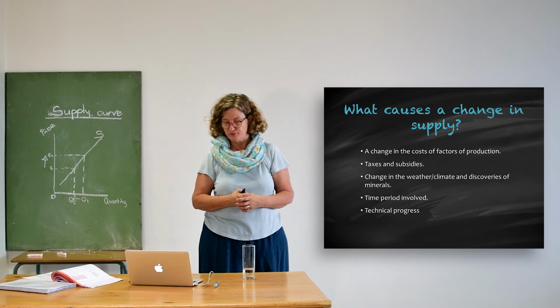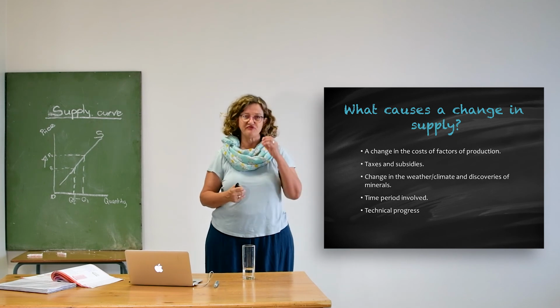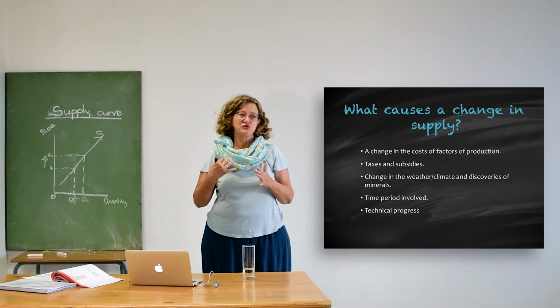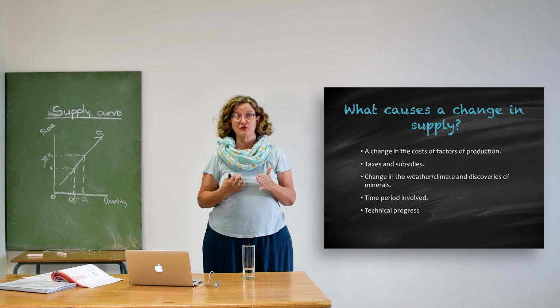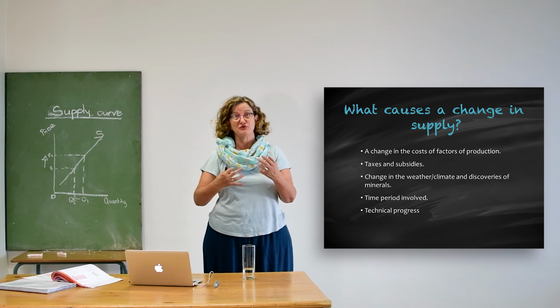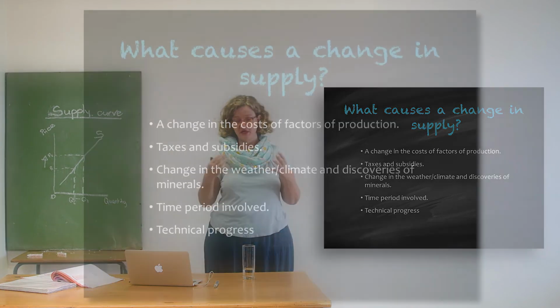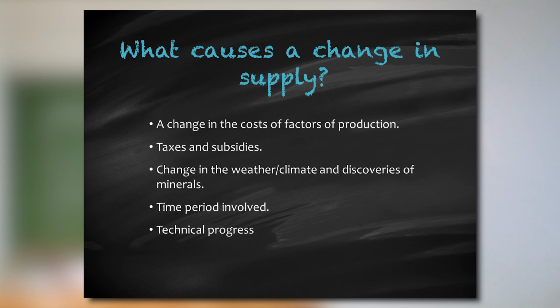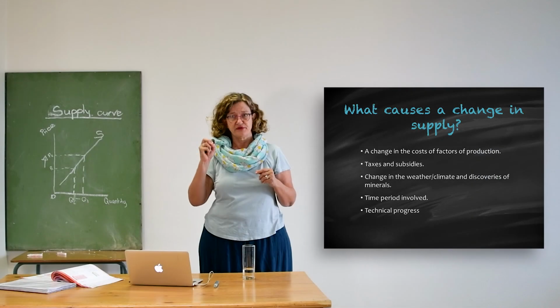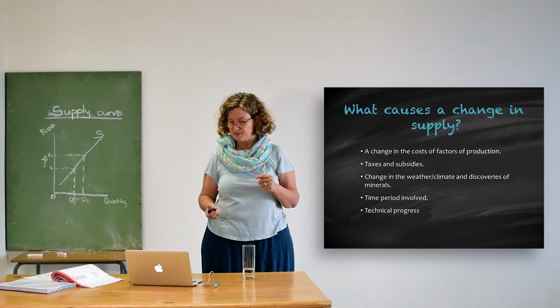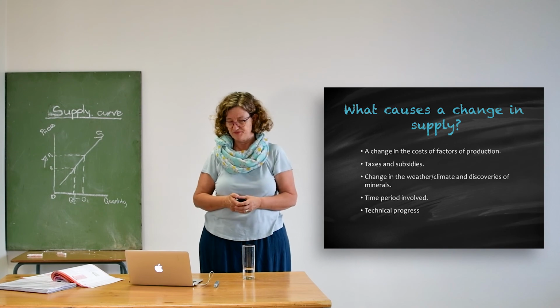Then technical progress can also influence the supply, so that we are able to supply more of a product because we can produce it much quicker due to the new technology that we use. Now these are a few points that can influence whether we supply more or less. But very important, remember, we will only supply what is demanded.